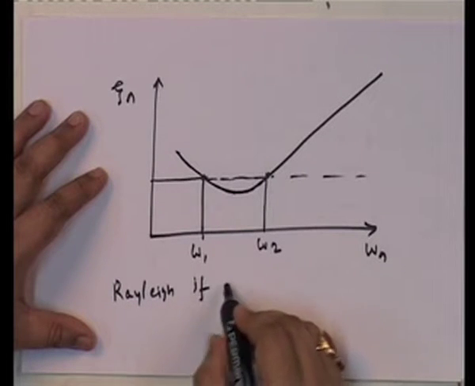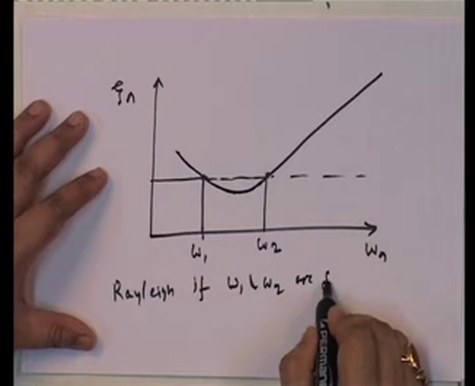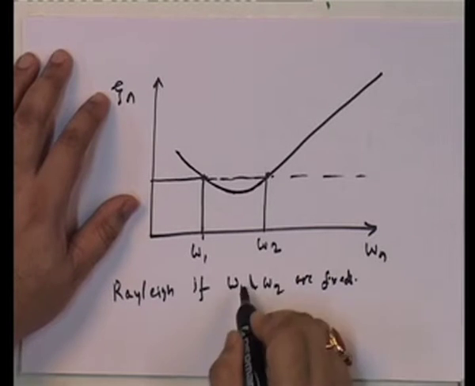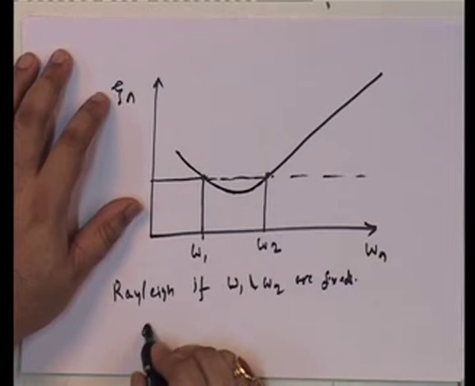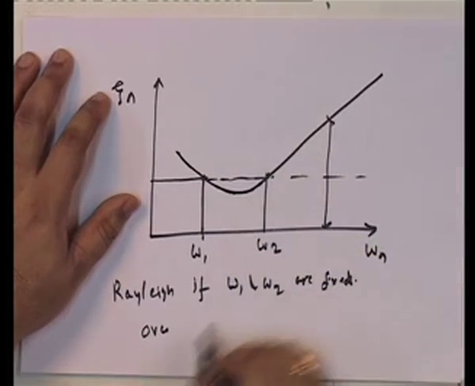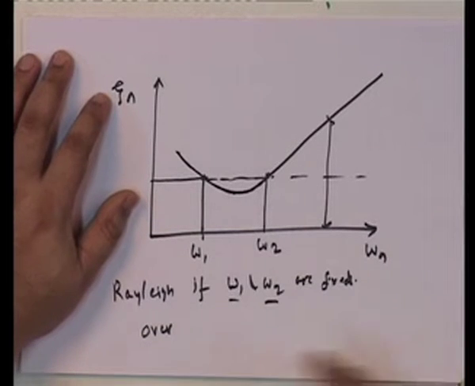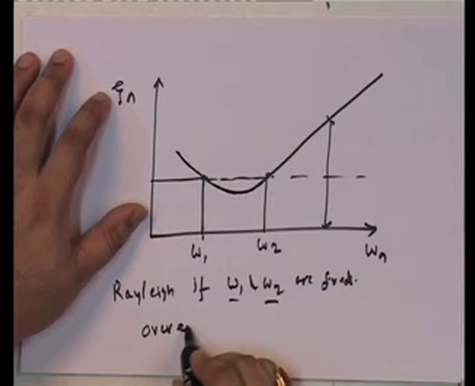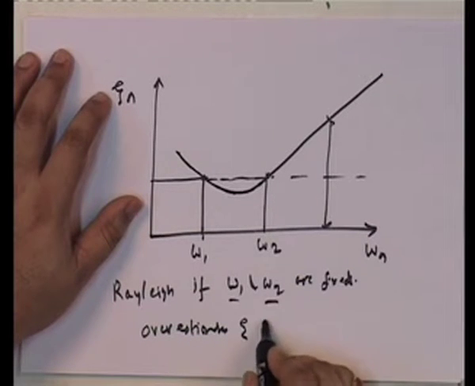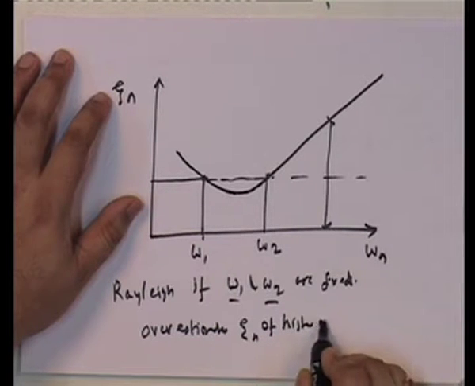if omega 1 and omega 2 are fixed, what happens? We still overestimate. See, omega 1 and omega 2 are fixed, no problem, xi and xi are there, but it overestimates xi n of higher modes.